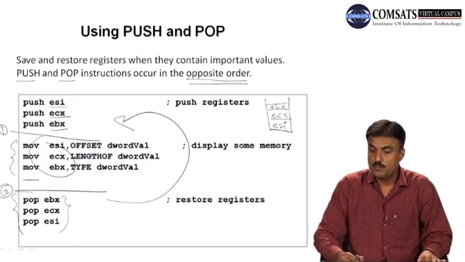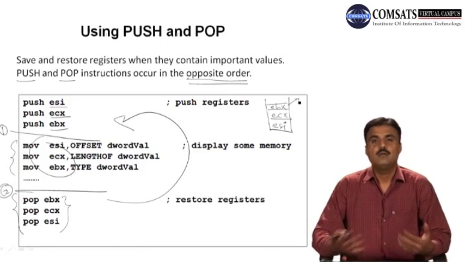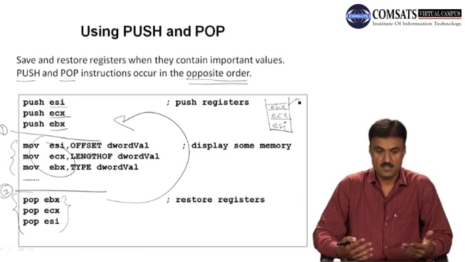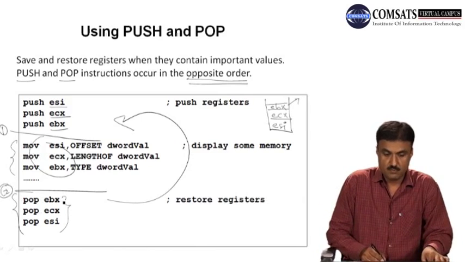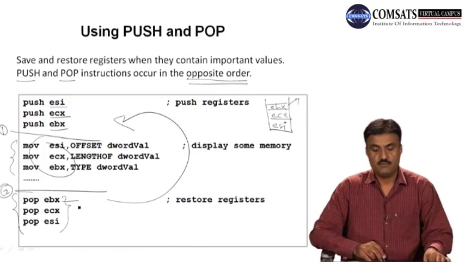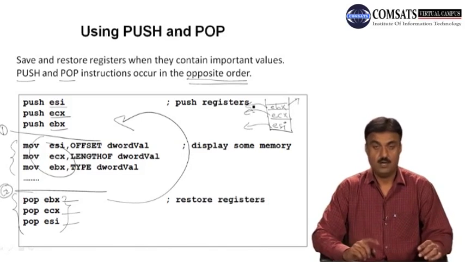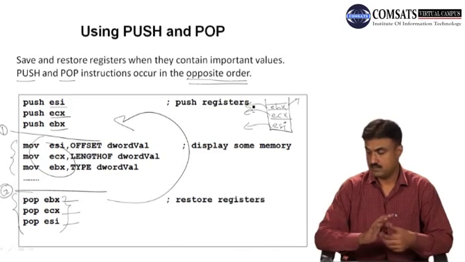The top element is EBX, so first we pop EBX, then the next value that we pop is ECX, and the third value is ESI. The order is the reverse order: first EBX, then ECX, then ESI.